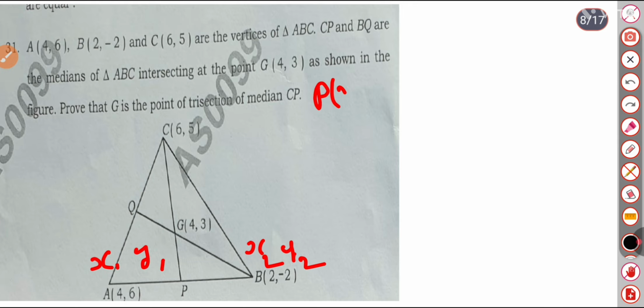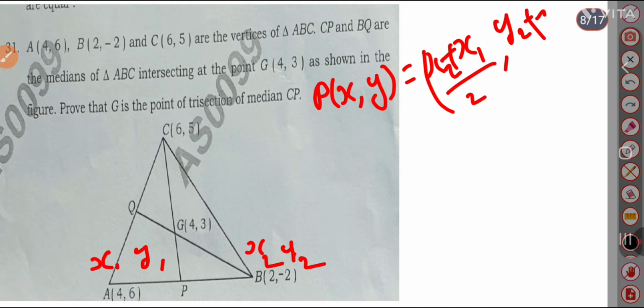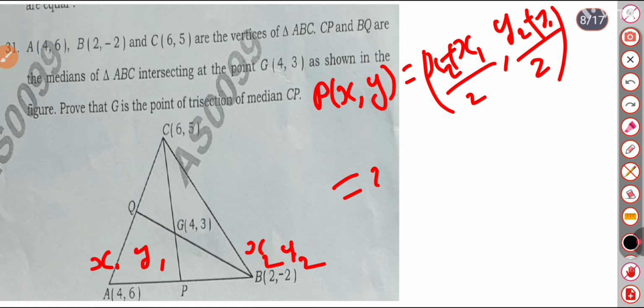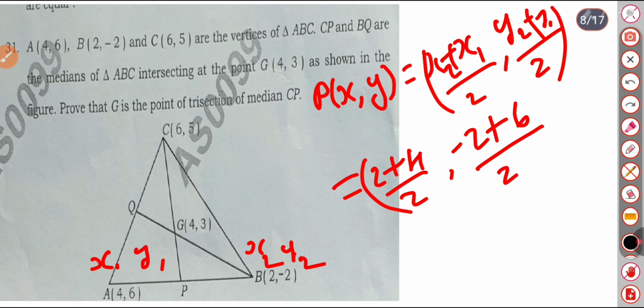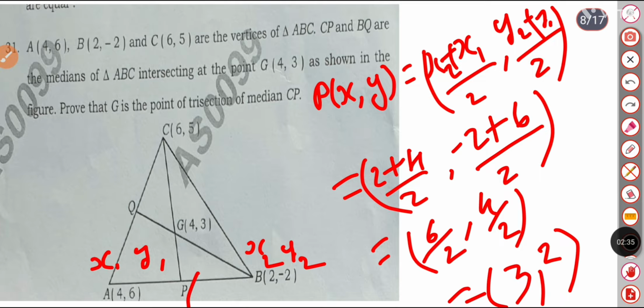We are finding P(x, y) equals (x2 plus x1) by 2, (y2 plus y1) by 2. That is (2 plus 4) by 2, (-2 plus 6) by 2, which is 6 by 2, 4 by 2, that is 3 and 2. So P is the point (3, 2).